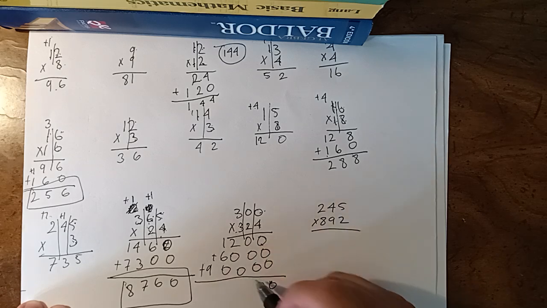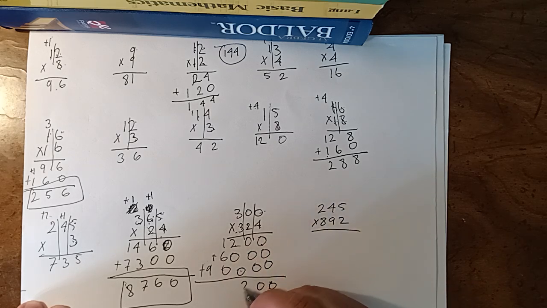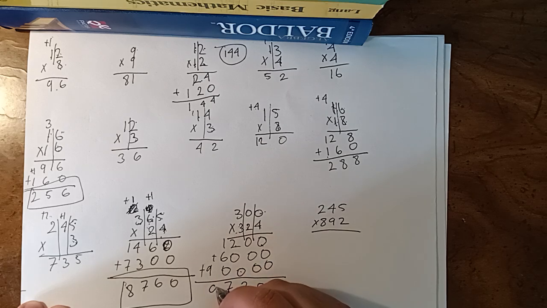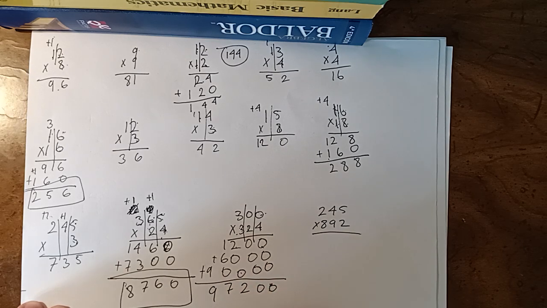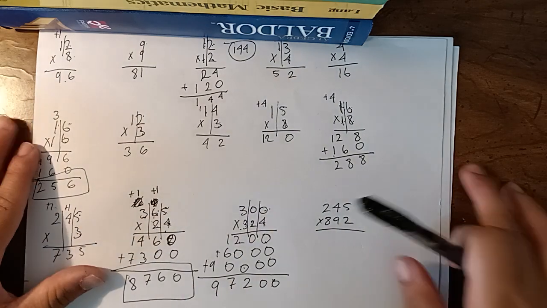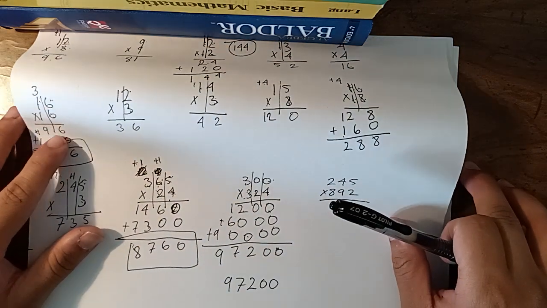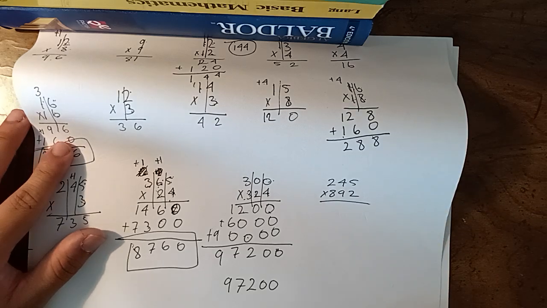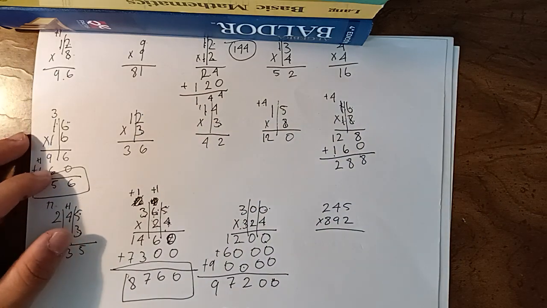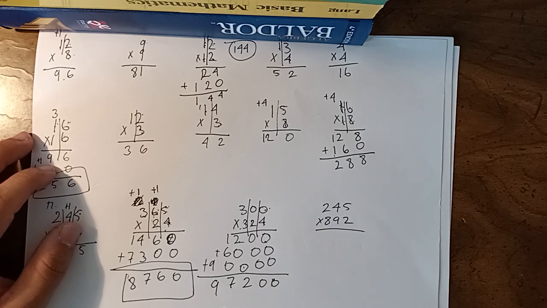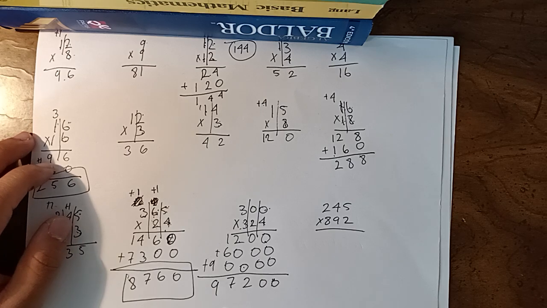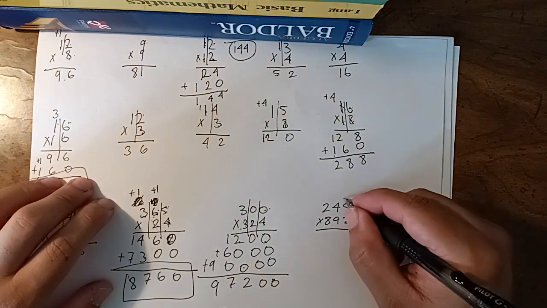All those zeros is just 0, 2, 7, 9. This is the answer to that. That's the answer. 97,000. We'll just make sure. Yeah, that's the answer.